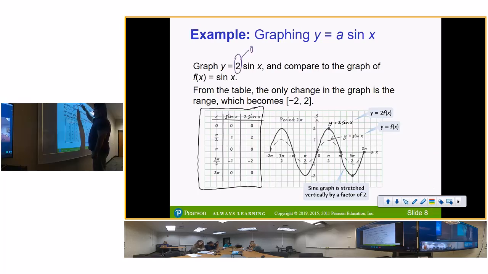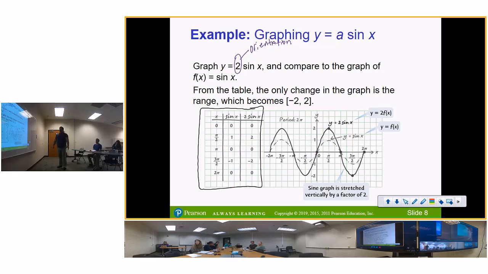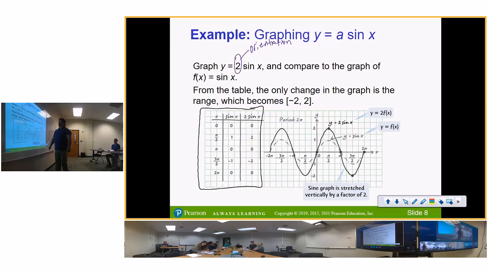That means it's a multiplier. So I know that this one is going to be squished up, and it's going to change the range from 1 to what? 2. So now you know that this has a direct relation to the range.